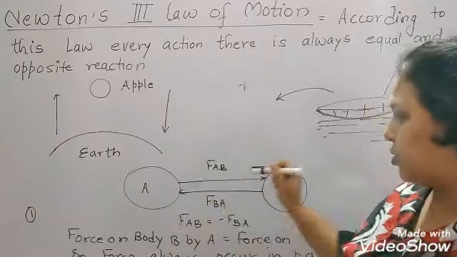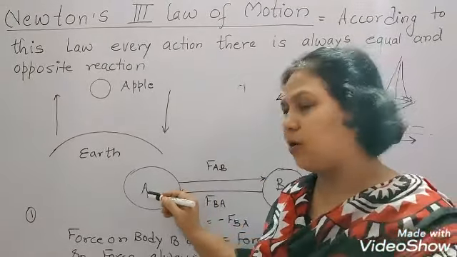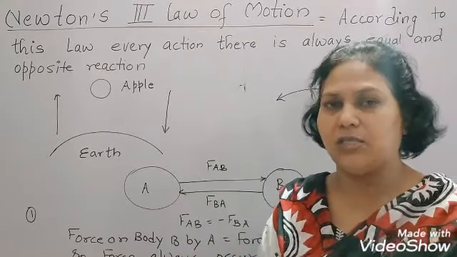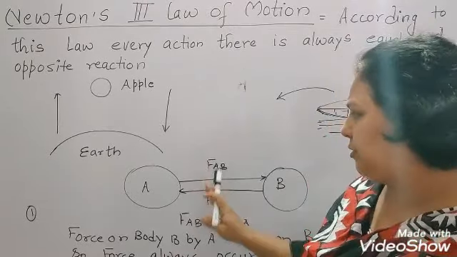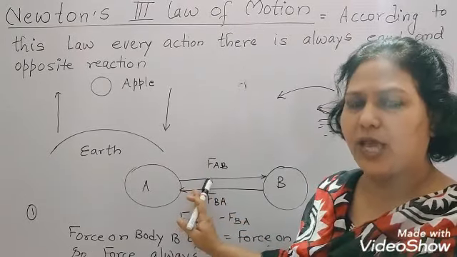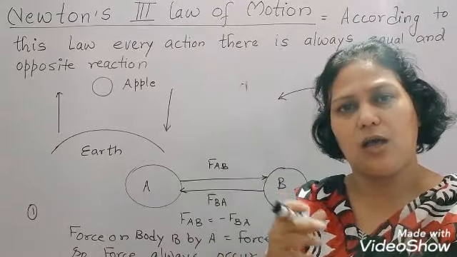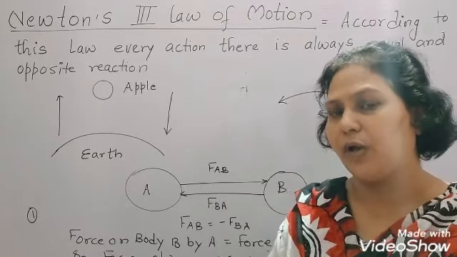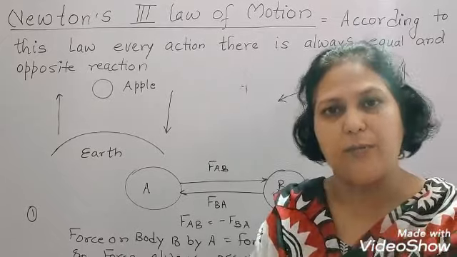That means if the action is working on body B, the reaction is working on body A. So in such cases you will find that there is no cancellation of the forces. The forces applied are equal in magnitude, but the action and reaction are working at the same time on two different bodies.